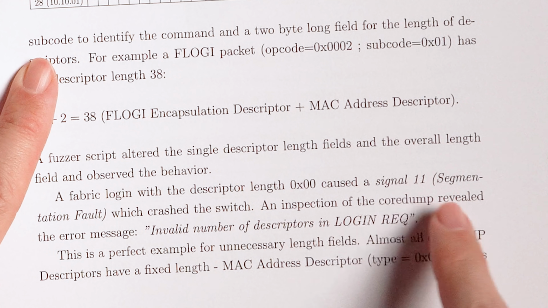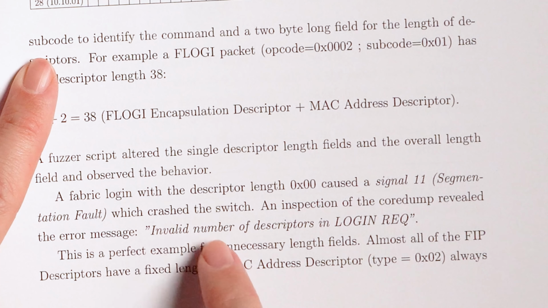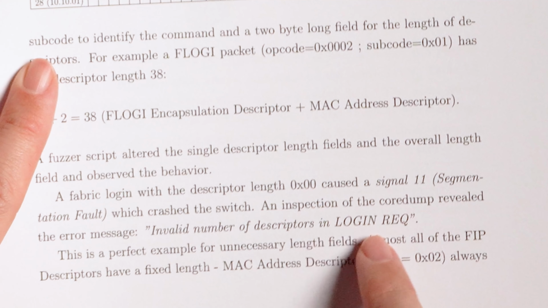An inspection of the core dump revealed the error message, invalid number of descriptors in login rec. So I assume this was never exploitable. I was very proud of this because this worked if the switch supported Fibre Channel over Ethernet. Even if you don't use Fibre Channel over Ethernet, the switch somehow still tried to parse an FCoE packet if it came in, and it would completely crash the switch.